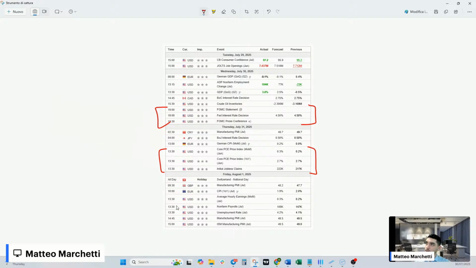And finally, on Friday, we have all the data related to the labor market in the US: non-farm payroll, unemployment rate, and average hourly earnings. And then we close with manufacturing PMI and ISM manufacturing PMI, which will give us additional information about the industrial sector in the US.